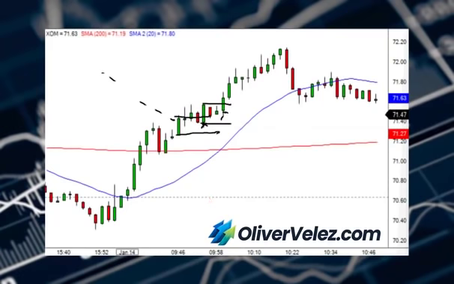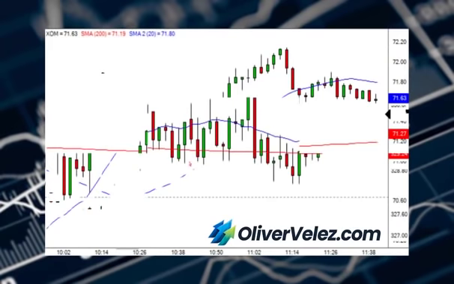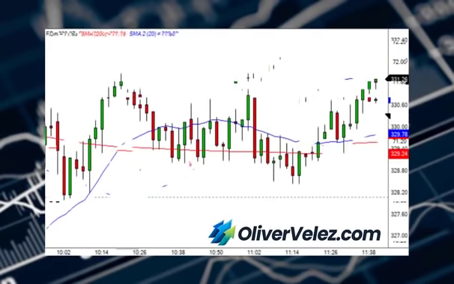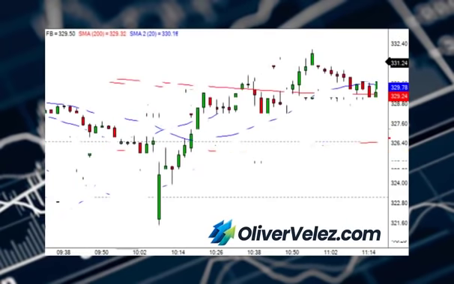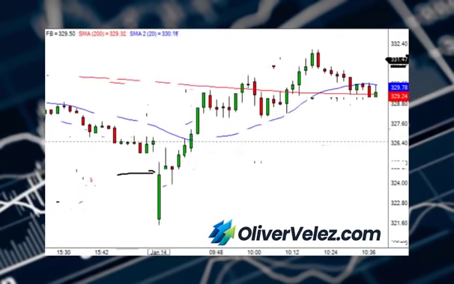Let me show you something I was reviewing this morning. Look at Facebook here, because this was something I was dealing with this morning. You see this fat initial bar in Facebook today.